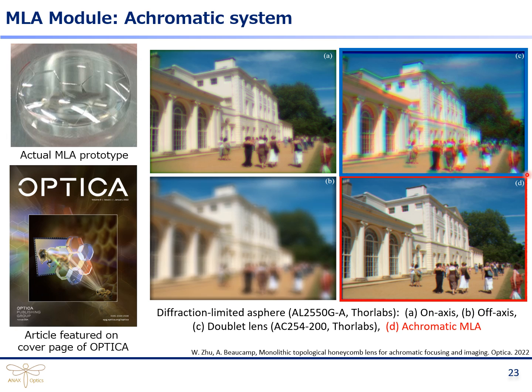This information was published in Optica in 2022, and you are welcome to refer to this article to get an idea of the capabilities of this new type of freeform microlens array.